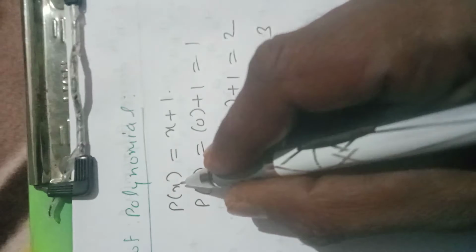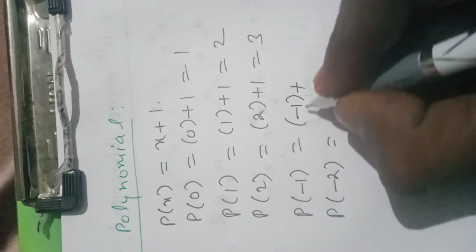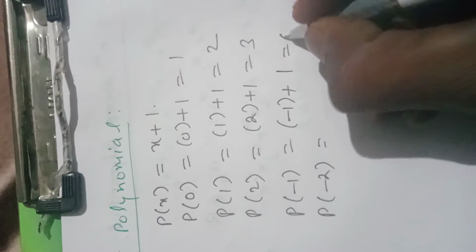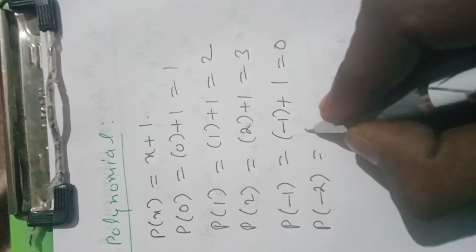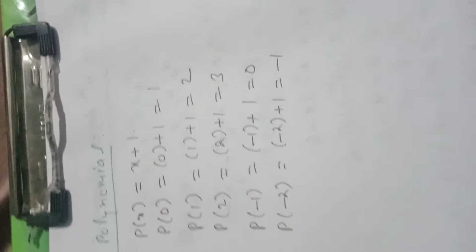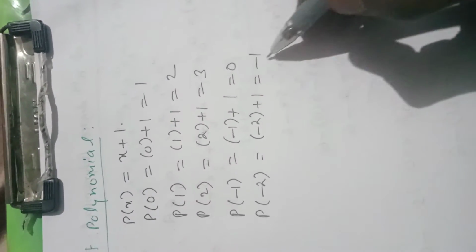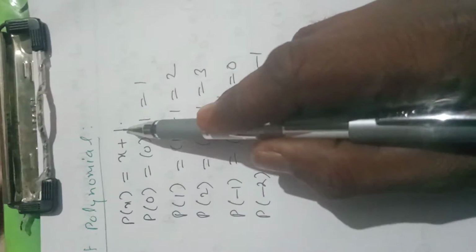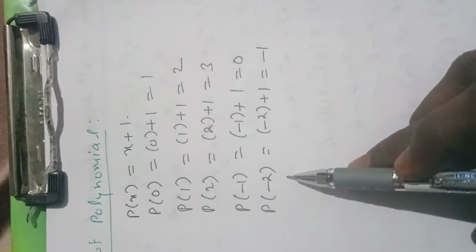If I write x equal to minus 1 here, then the value of the polynomial becomes minus 1 plus 1, that is 0. And substituting x equal to minus 2, it becomes minus 2 plus 1, which is equal to minus 1. So these are the values of the polynomial p of x equal to x plus 1 for all these different values of x.